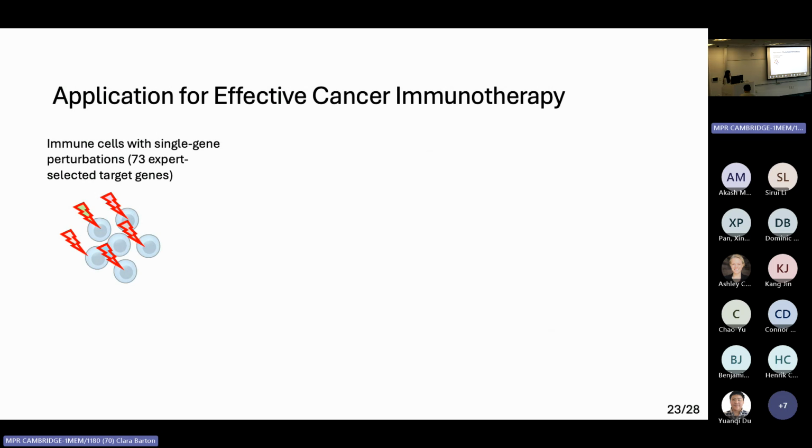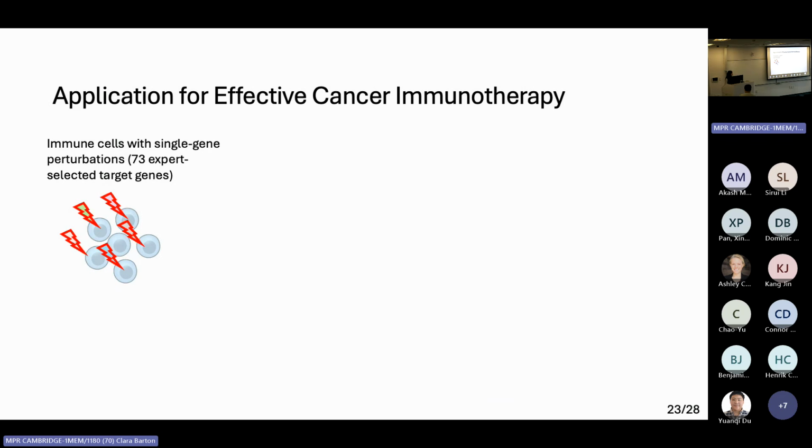So essentially, this is the experimental pipeline. We're interested in nominating targets that could potentially be helpful for cancer immunotherapy. The experiments started with a data set where our collaborator tested perturbations on 73 target genes that they deem to be probably helpful for the downstream application.